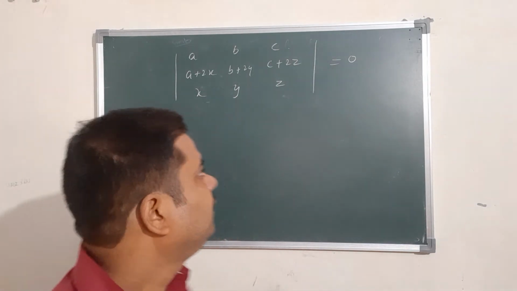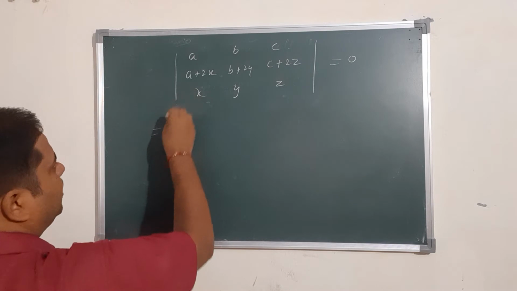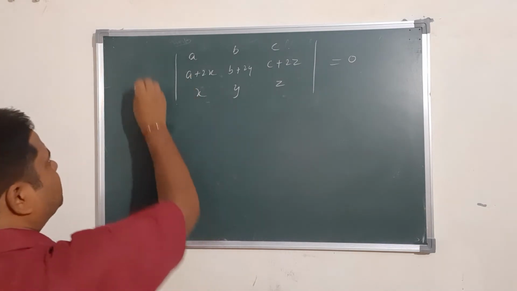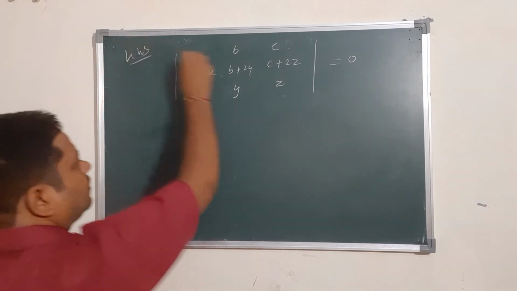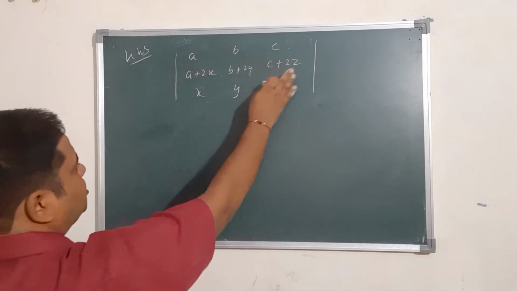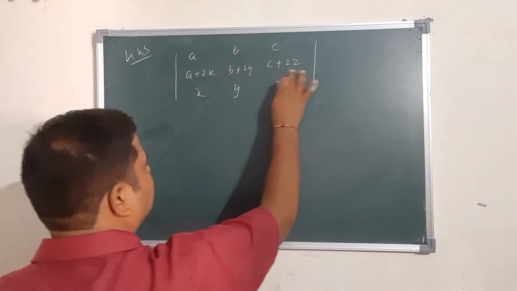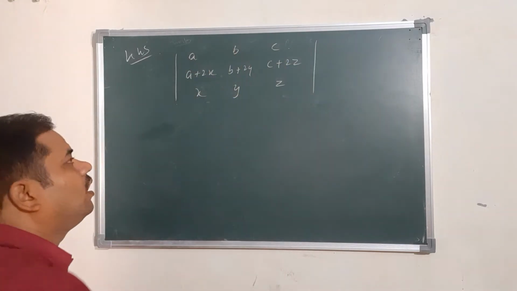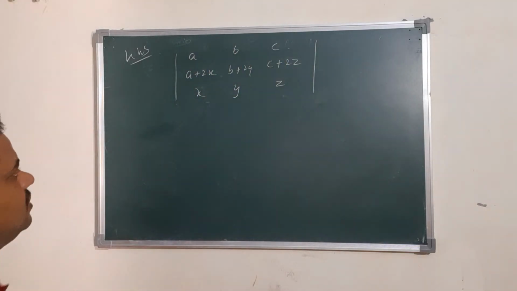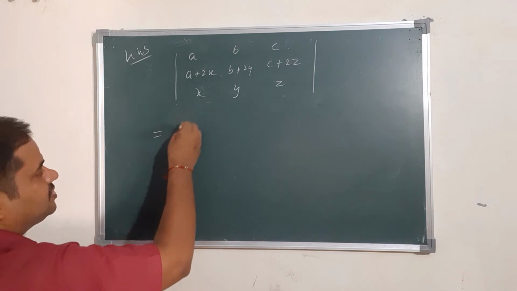Let us see. We take the LHS determinant. This determinant has 3 rows and 3 columns. The second row can be expressed as the sum of 2 terms, so we can write it as the sum of 2 determinants.